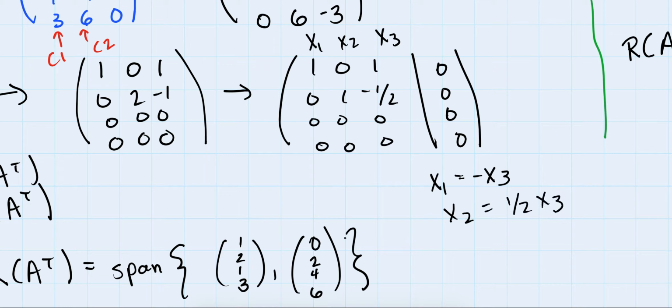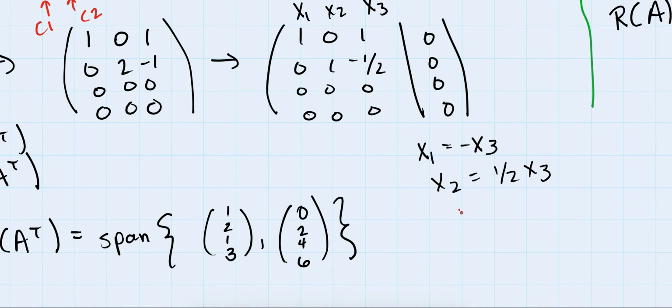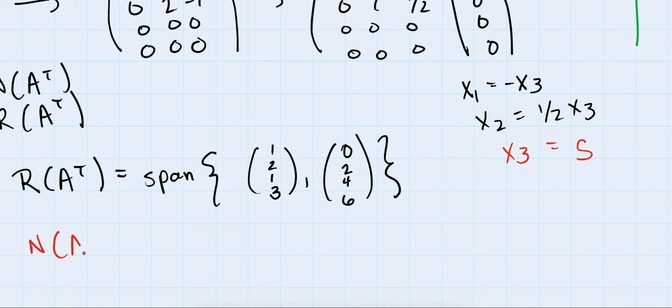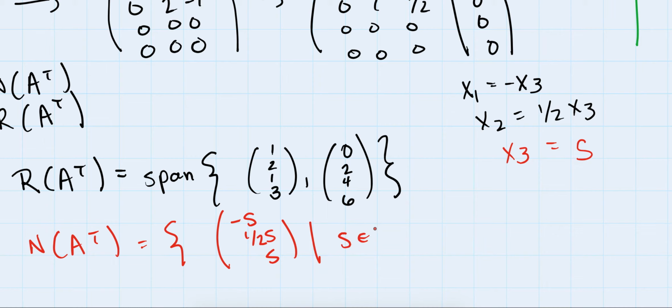We solve for the pivots. If we let x3 be, you can say s, then we find that the null space is the set of all vectors negative s, 1/2 s, s, such that s is a real number.